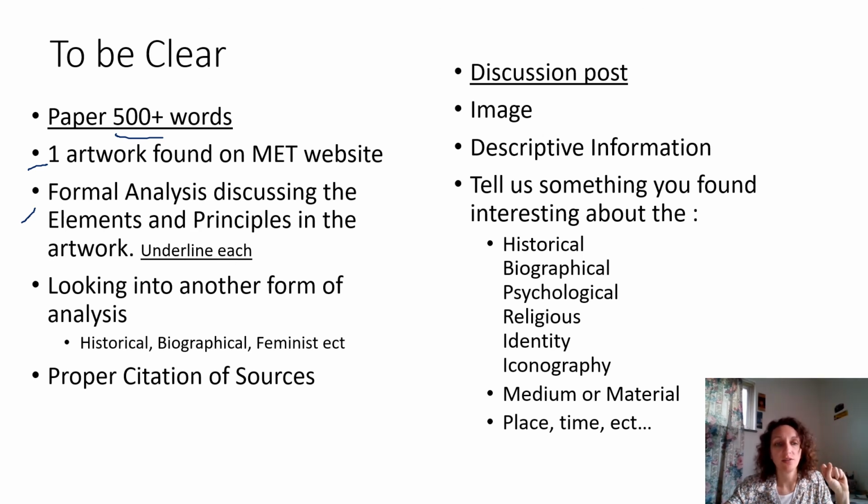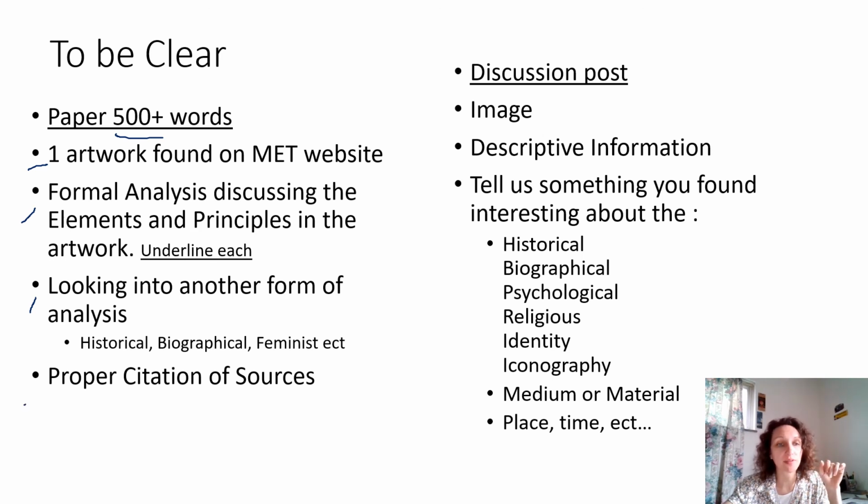Then you're going to do a slight amount of research into something else that's interesting about the artwork that will help you put it into that other type of context, whether it's iconography, which was part of the sacred realm, however you want to go about it, whichever direction you find most interesting.